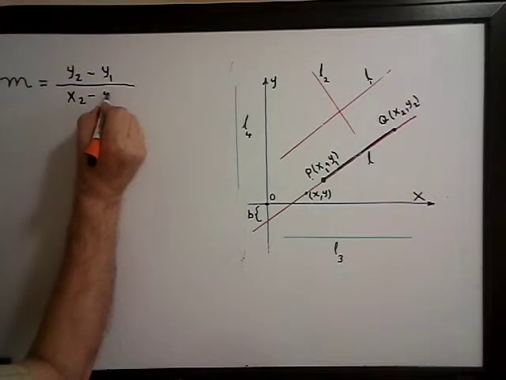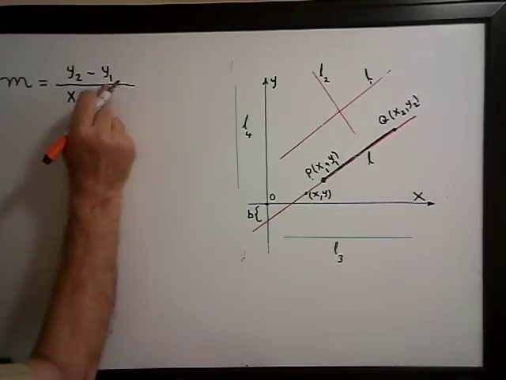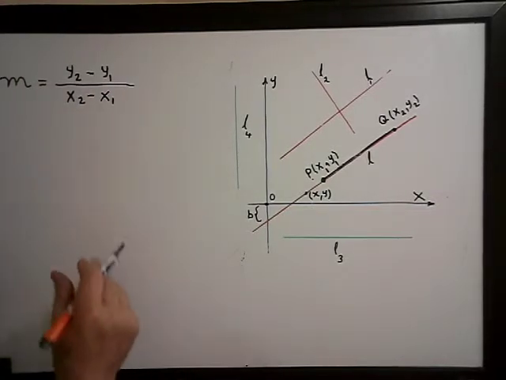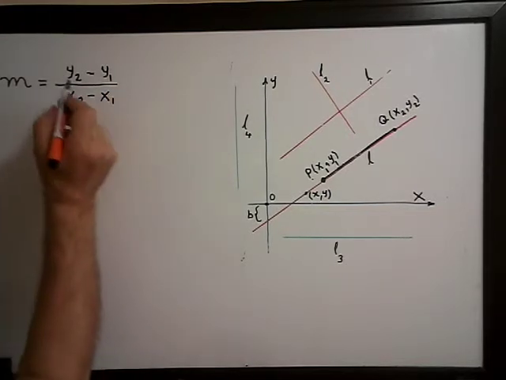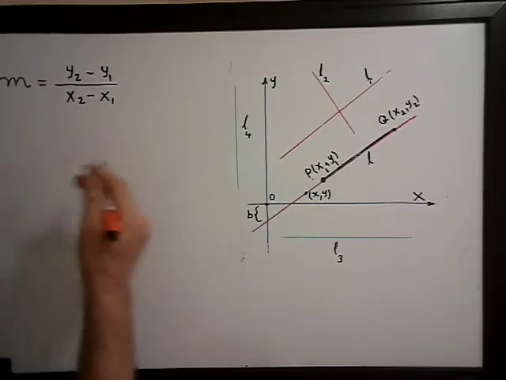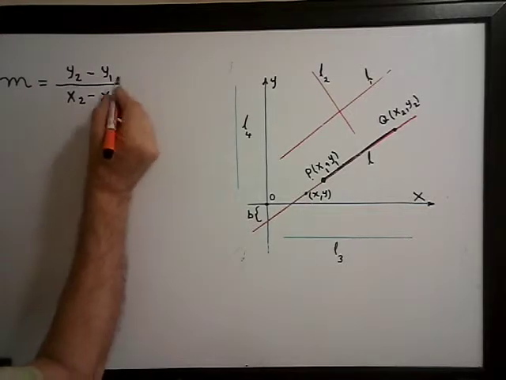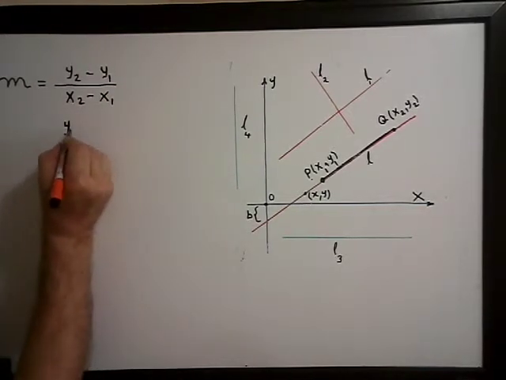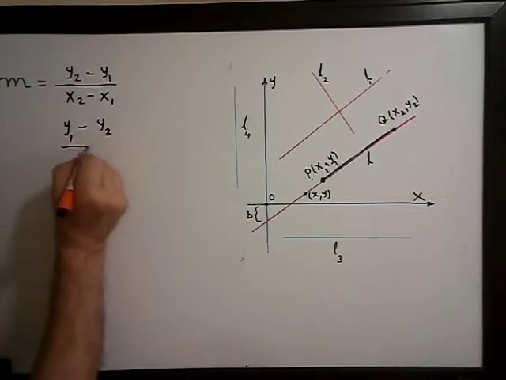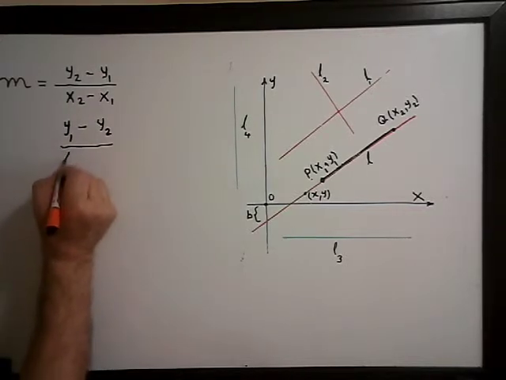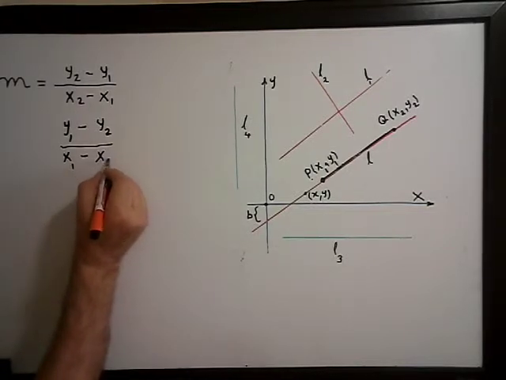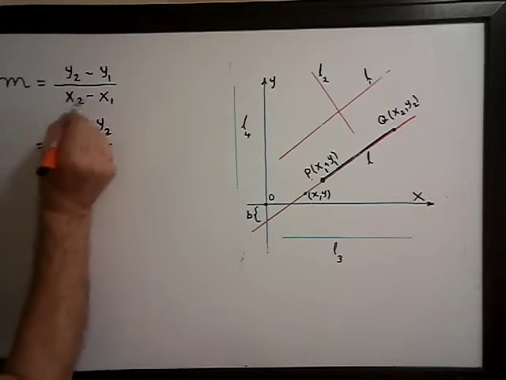So it's y2 minus y1 over x2 minus x1, or also, as we said in the distance, we can write y1 in the beginning, then followed by minus y2, and divided by x1 minus x2 instead of this form.